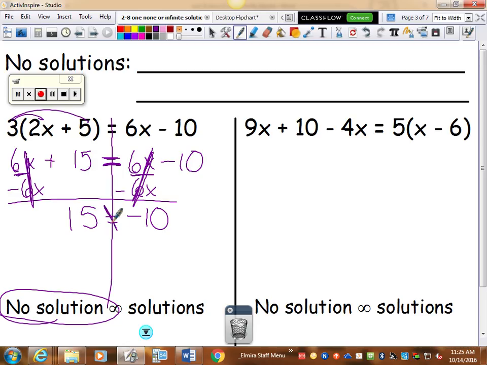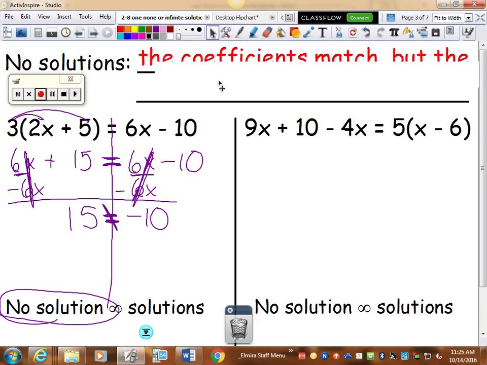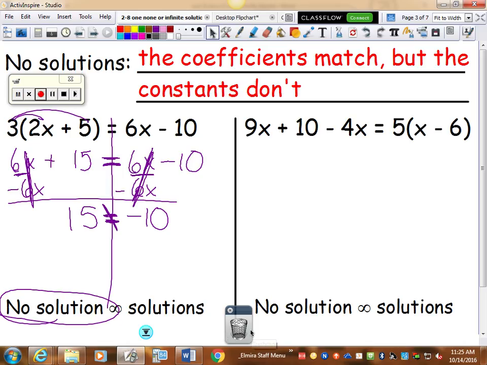And that is not equal. That's no solution. So in words, if your coefficients match but your constants don't, that means there's no solution to that equation. Let's look at an example of that one more time.